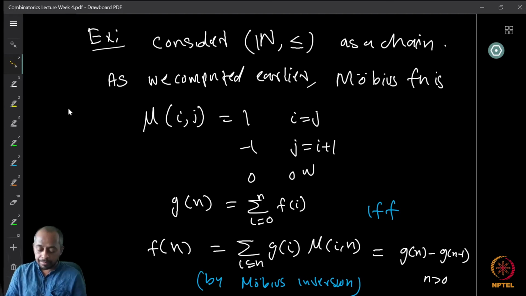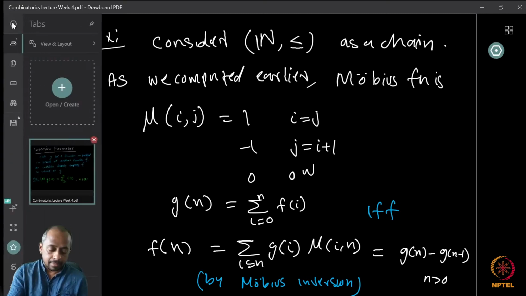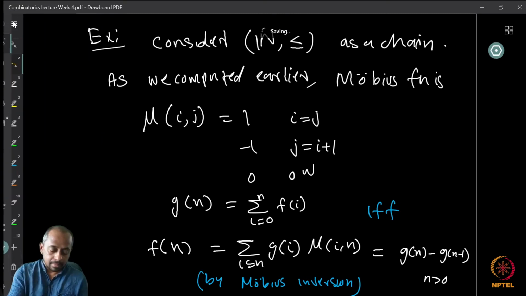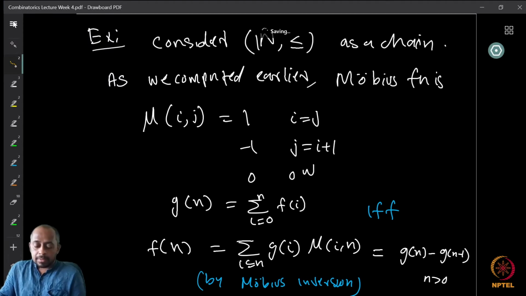So how do we use the Mobius inversion? Here is an example. Consider the example that we looked at, the natural numbers with the usual order, which is a chain.